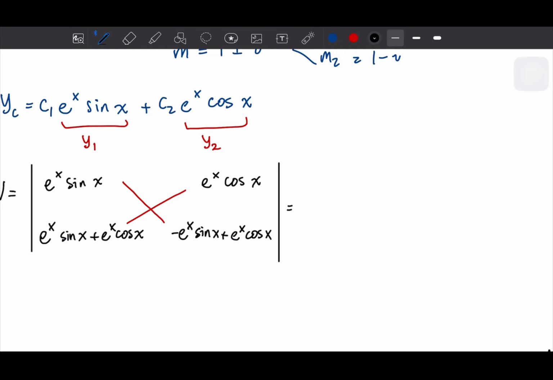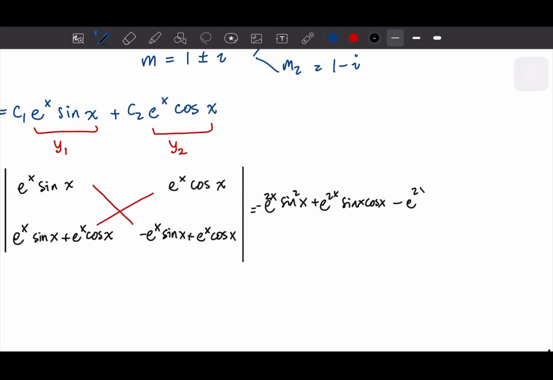Somewhere in between there will be some cancellations. So we have e^2x sine squared x plus e^2x sine x cos x, and then minus e^2x cosine squared x.